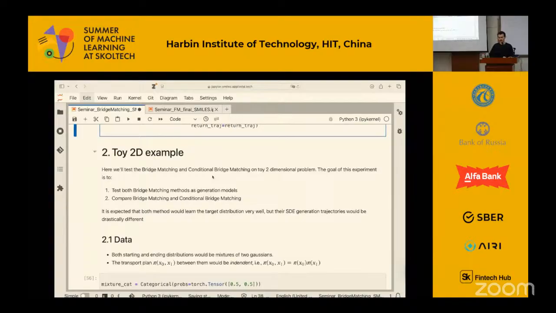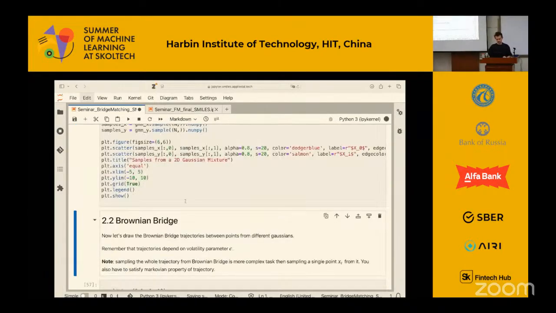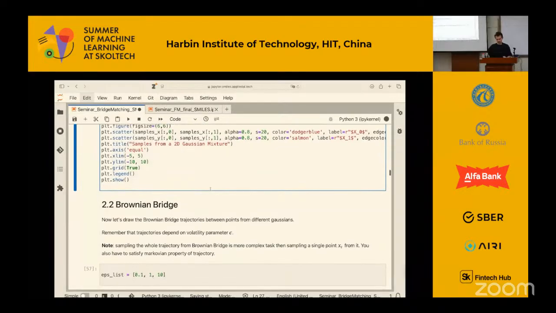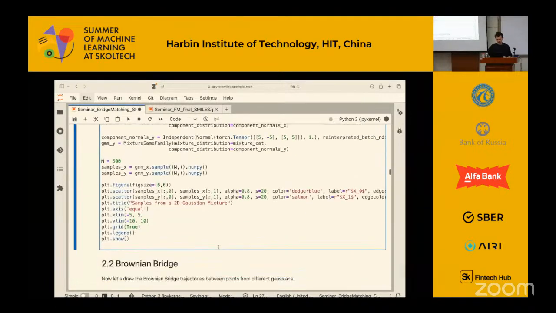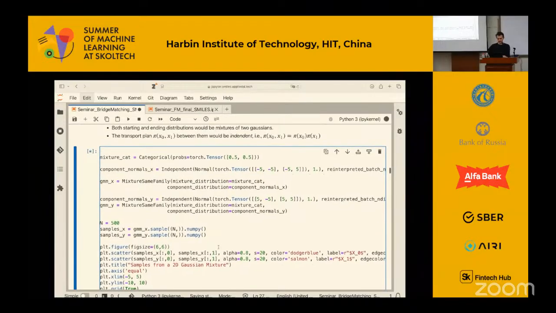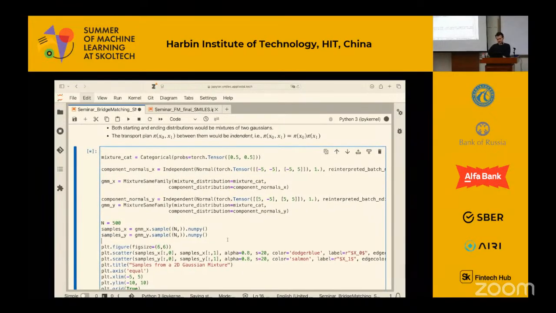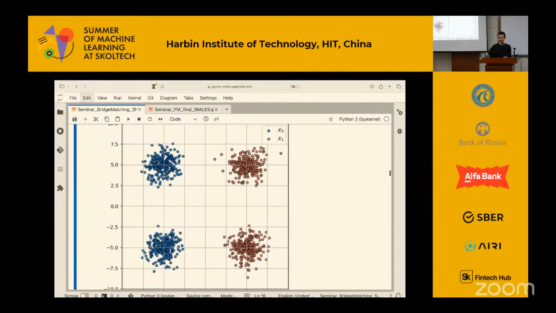Okay, so now we will test our bridge matching and conditional bridge matching on a toy two-dimensional problem, which would be two Gaussians to two Gaussians. We start from the blue distribution and try to end at the red distribution.